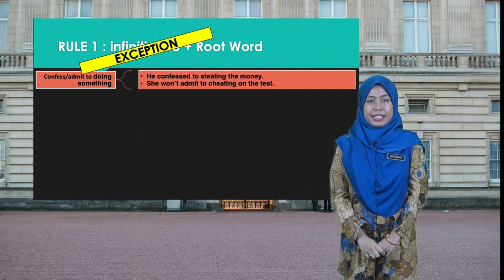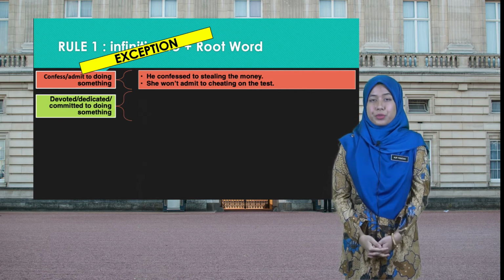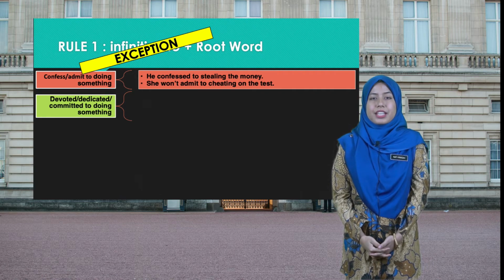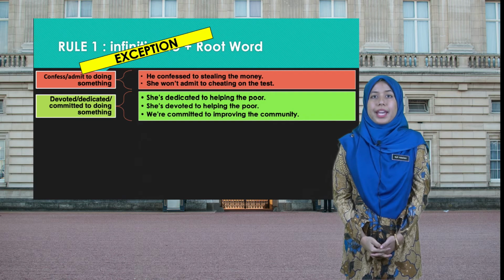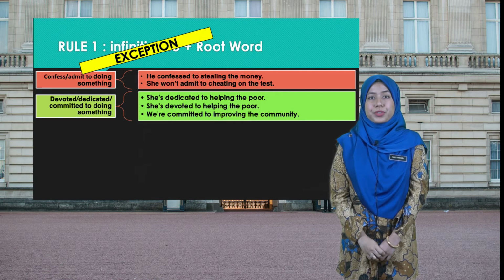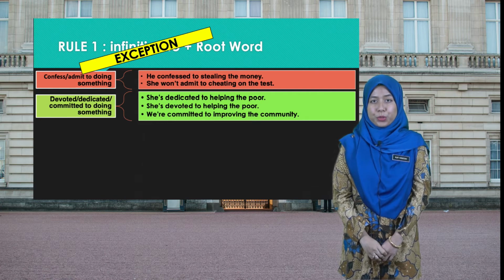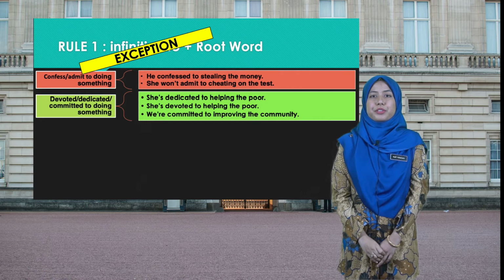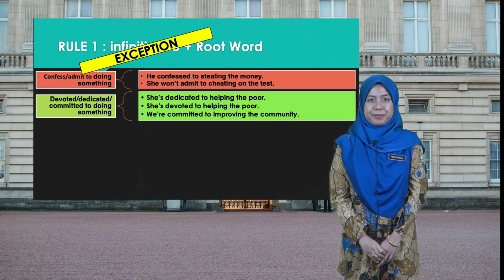Second exception, if the word has devoted, dedicated, committed to doing something. For example, she is dedicated to helping the poor. Second example, she is devoted to helping the poor. The third example, we are committed to improving the community.